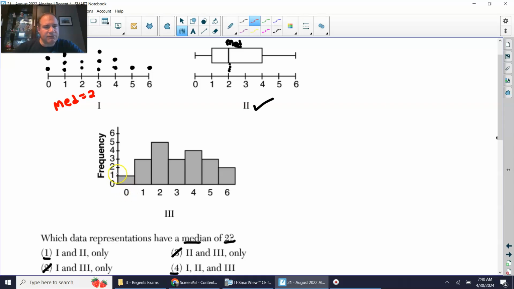And you see how 0 has a frequency of 1? So I'm going to put this down as 0. And then 1 has a frequency of 3. So there's 3 1s. Then 2 has a frequency of 5. So there's 5 2s. And then there's 3 3s.